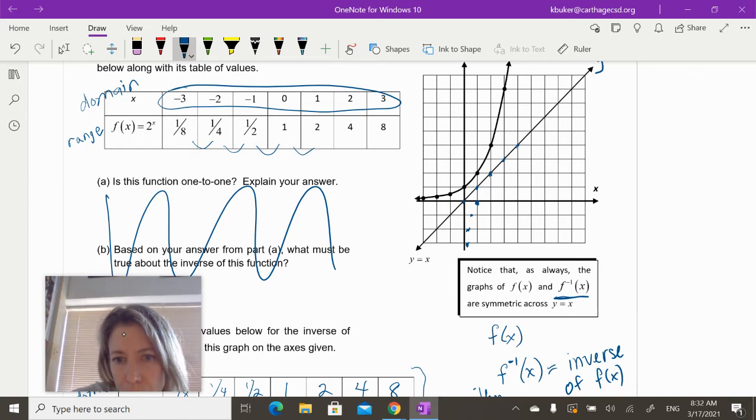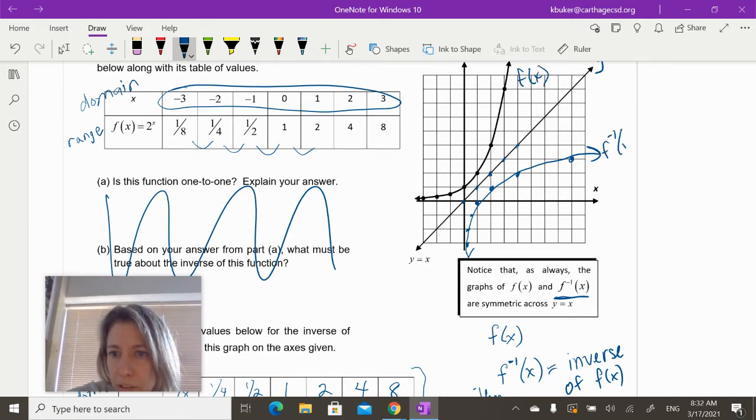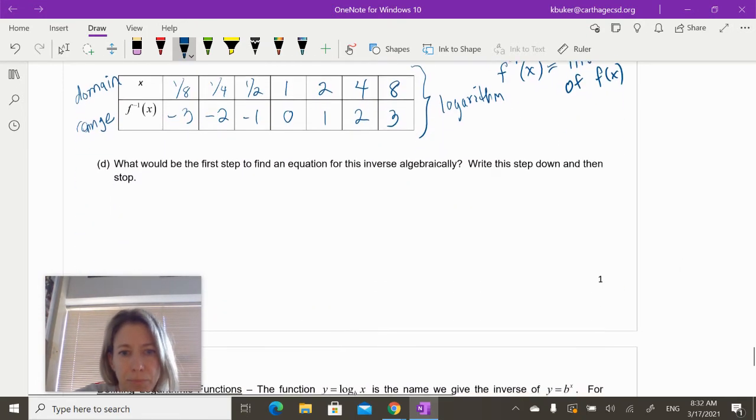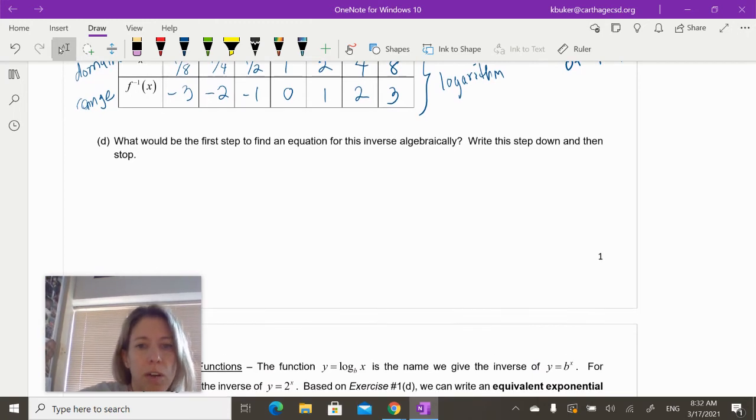Then 2, 1. Then 4, 2, and 8, 3. So this is my first logarithm. And like I said, if this is f of x, I can also just say this is the inverse. So we just did an inverse graphically.